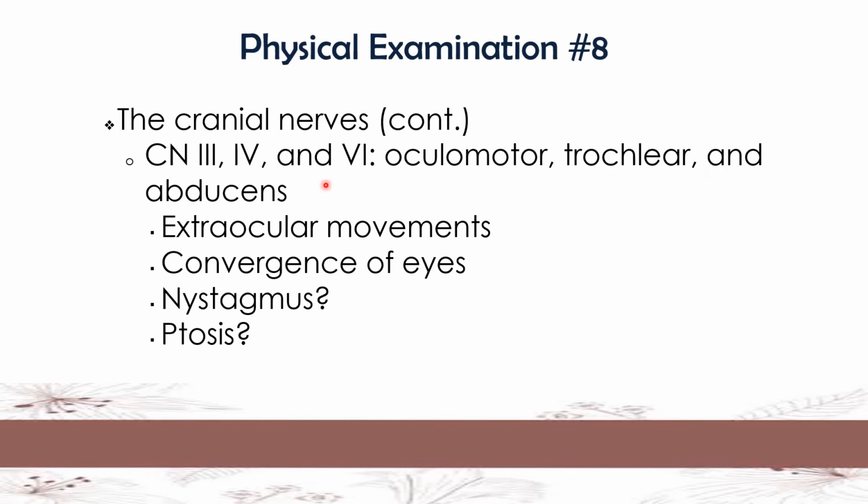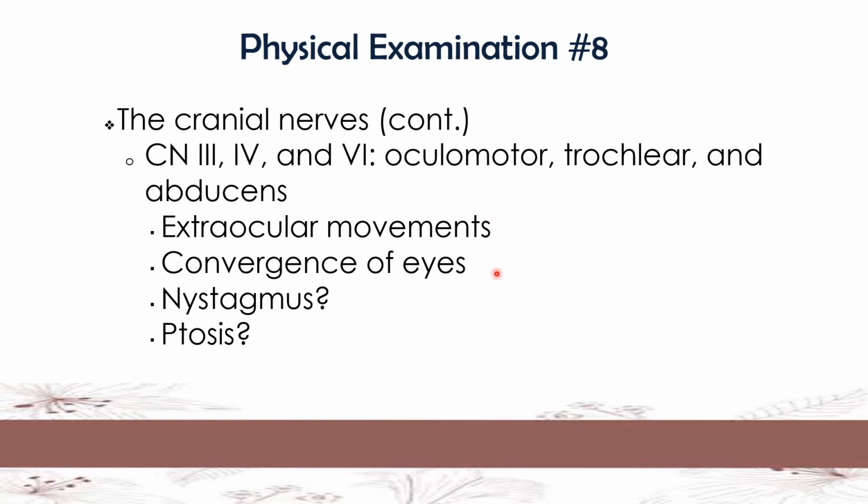To continue, in the physical examination of cranial nerves number 3, 4, and 6, which are your oculomotor, trochlear, and abducens, you have to check for the extraocular movements in the 6 cardinal directions of gaze, and you have to look for loss of conjugate movements in any of the 6 directions, which causes diplopia.